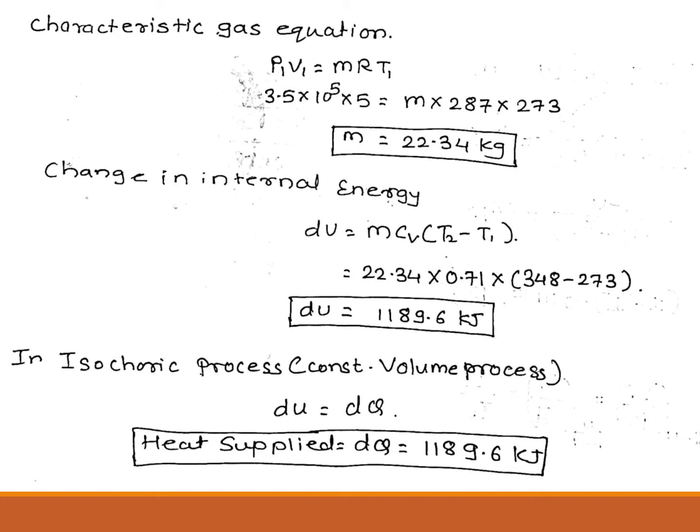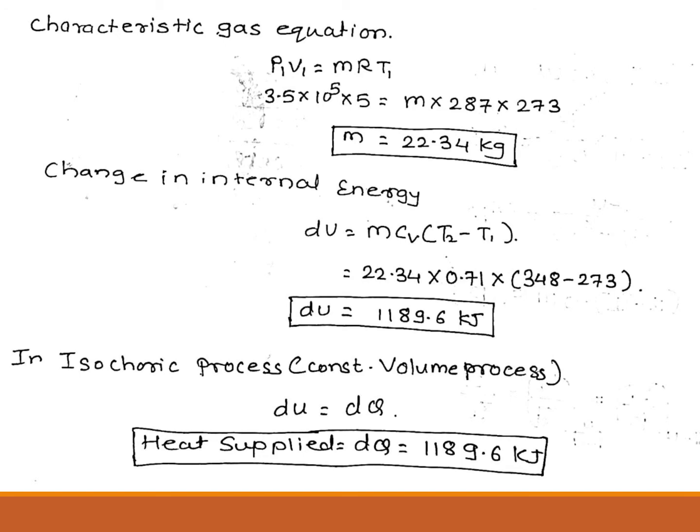The formula for change in internal energy is m Cv (T2 minus T1). In this formula, m is unknown and internal energy is also unknown. Two things are unknown, so first we find the mass m. How will we find the mass?